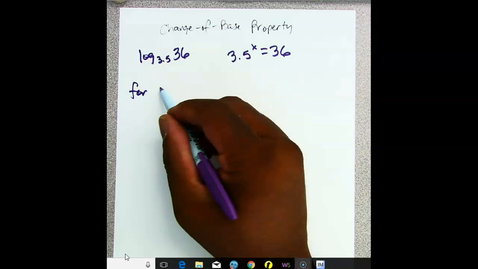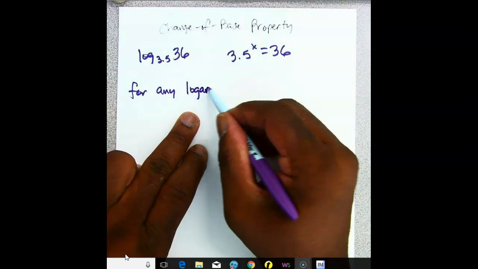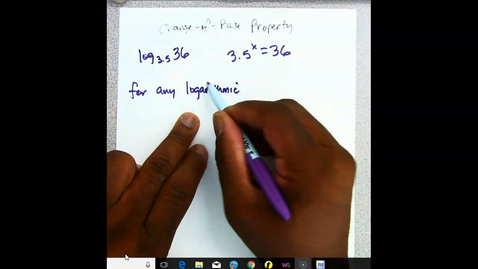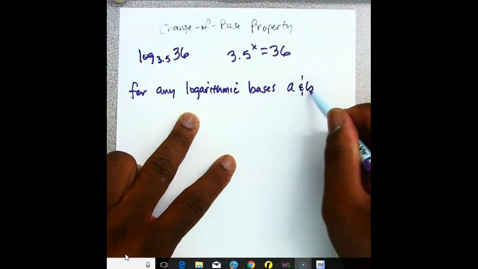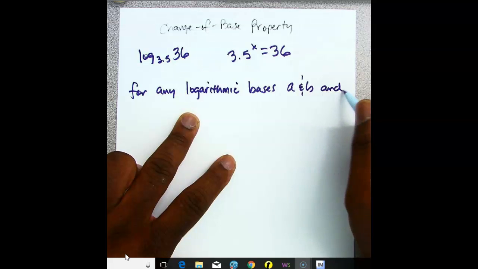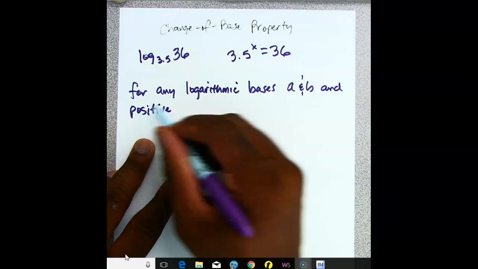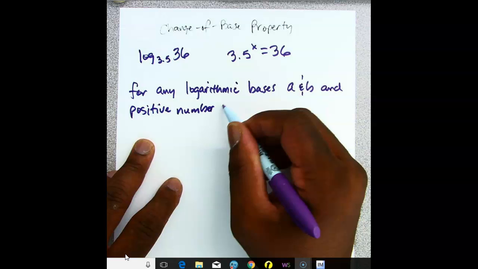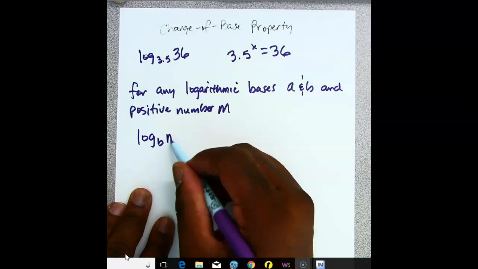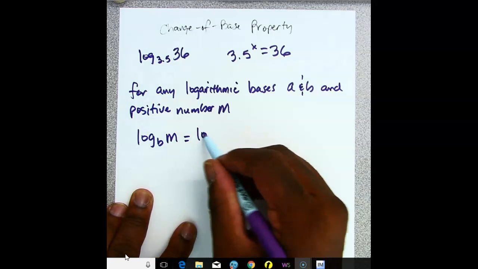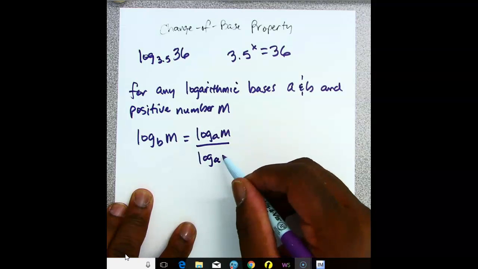For any logarithmic bases a and b, and a positive number m, we can say the log base b of m is equal to the log base a of m divided by the log base a of b.